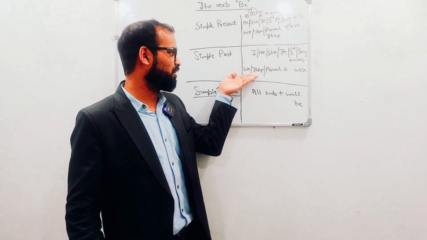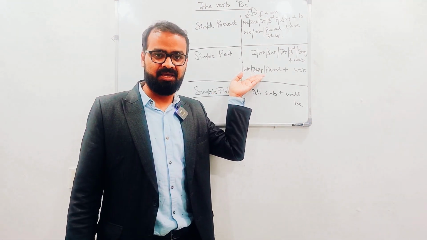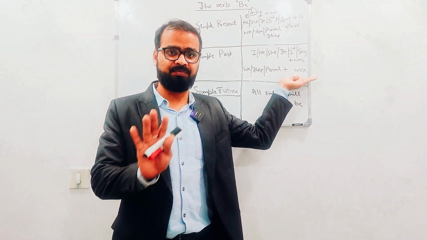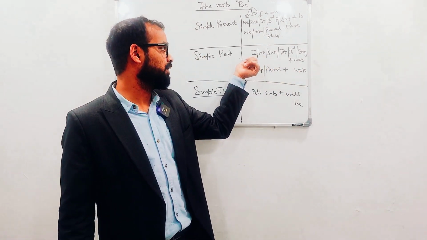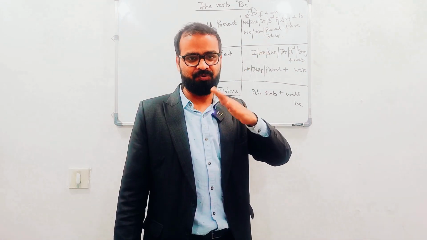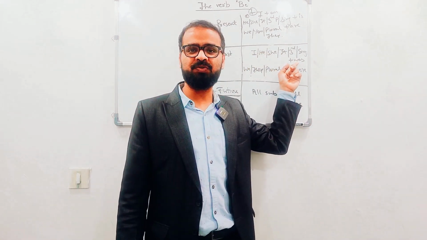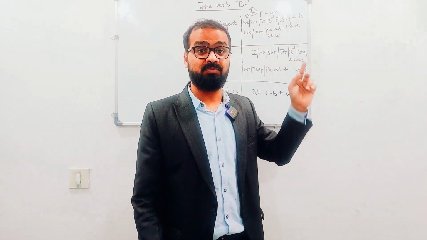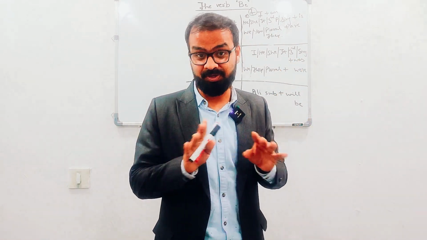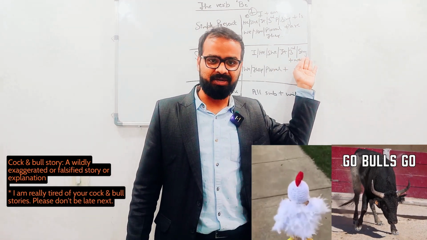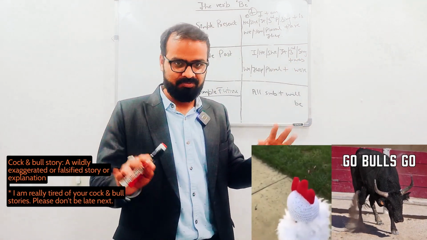And for we, they, or plural, we use were. For example, 2 days ago, I was in France. Just an example. It's a cock and bull story, okay? Don't trust it. So 2 days ago, I was in China. Again, an example.